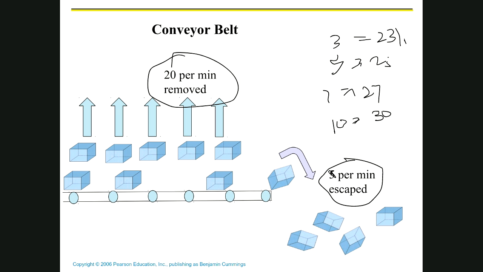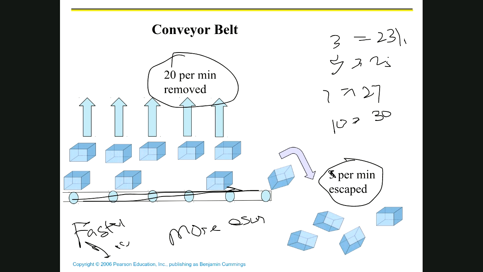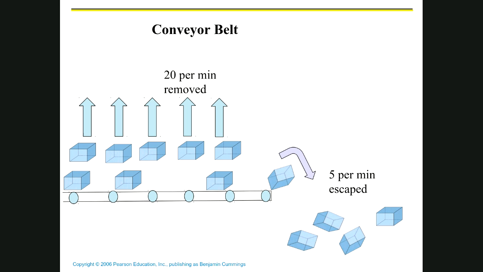So look, the faster it goes, the more escape. The faster it goes, the more that escape. So if I count how many escape, I can figure out how fast it goes.